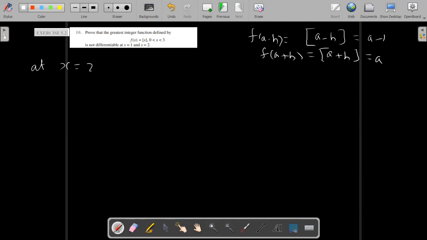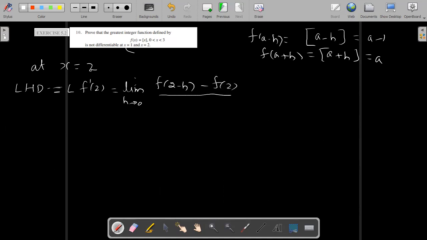One you have to do, this is for you: the left hand derivative and the right hand derivative. Similarly, the left hand derivative at the point 2 we can write as L f dash 2 equal to limit h tending to 0 of f(2 minus h) minus f(2) upon minus h, because it is the left hand derivative.